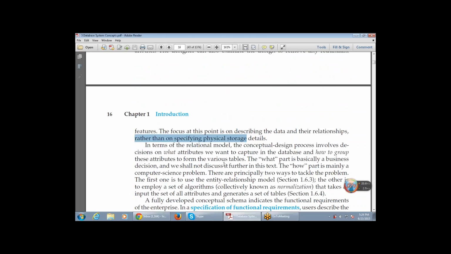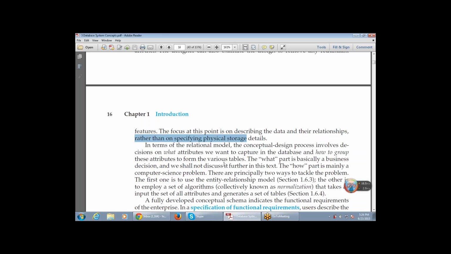So what is the focus? The designer's focus, after specifying the requirements of the user, is on describing the data, that is, how to describe the data and what the relationships are among the interrelated data, rather than specifying the physical storage details.